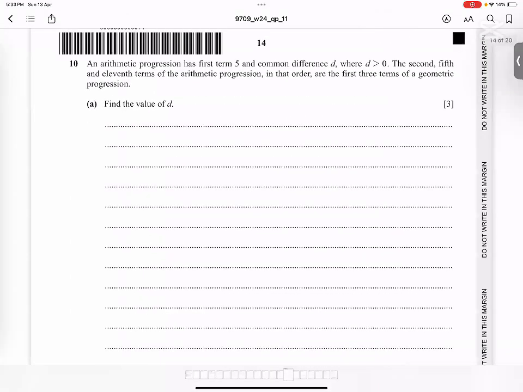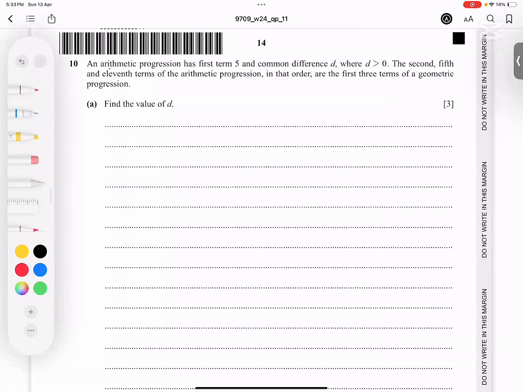Question number 10: we have a geometric progression, the first term 5. Sorry, arithmetic progression, AP. So the first term is 5. Common difference is D, and D is more than 0. So it is positive, I will not take negative.